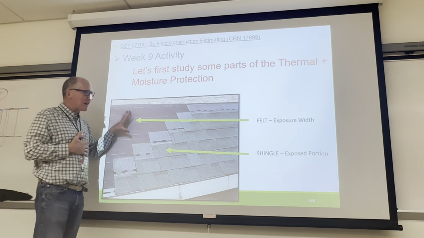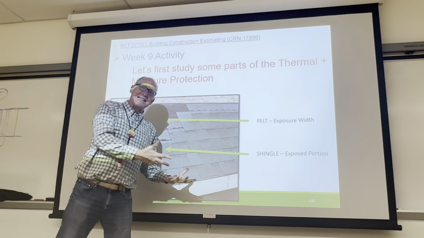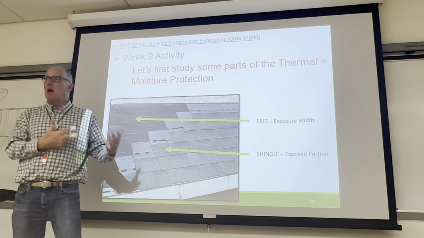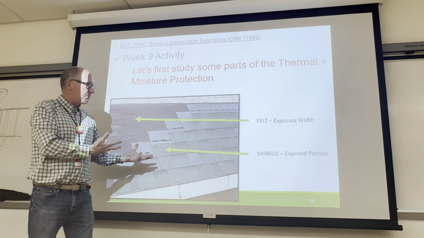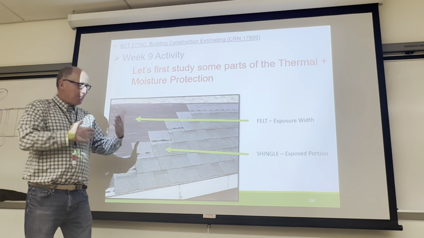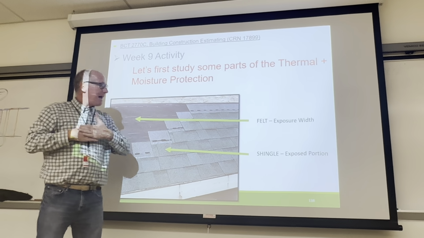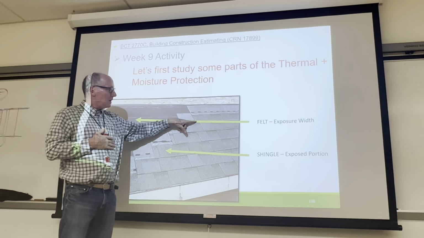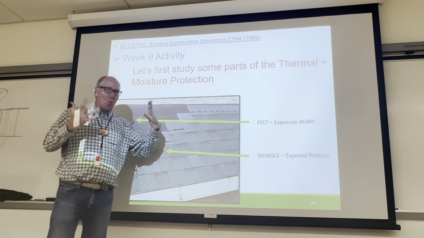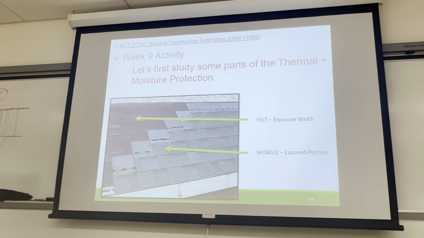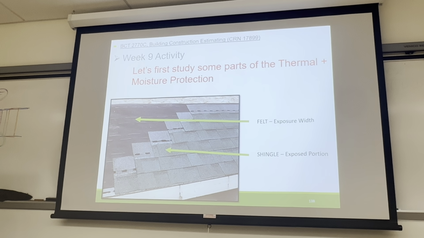If we overlap, that means we're placing a lot more material on the building, because it's almost like we're only using 1/2 of the true area of the material.